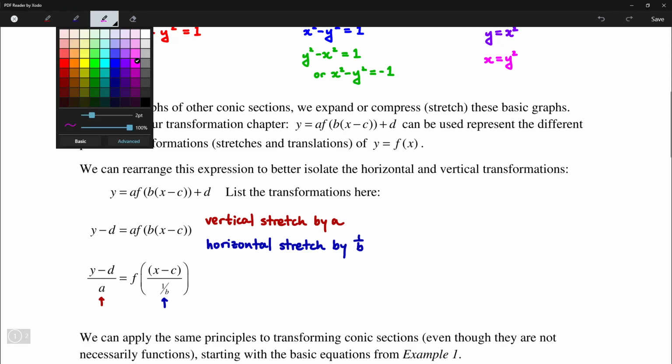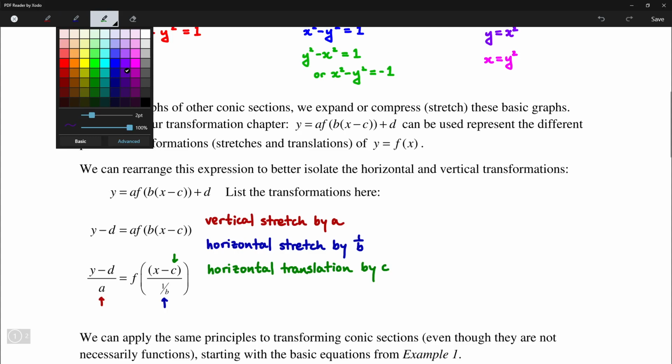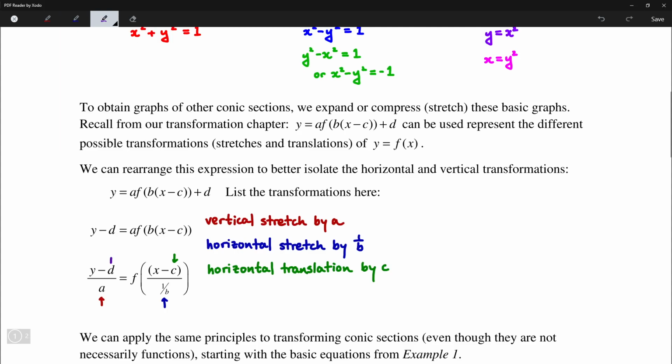Next up, we have the letter c, right here. That is a horizontal translation by c to the right. And finally, the letter d, that is a vertical translation by d.